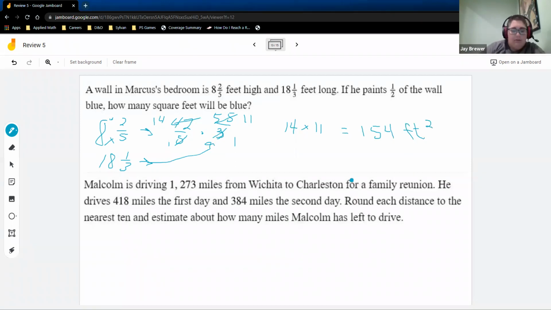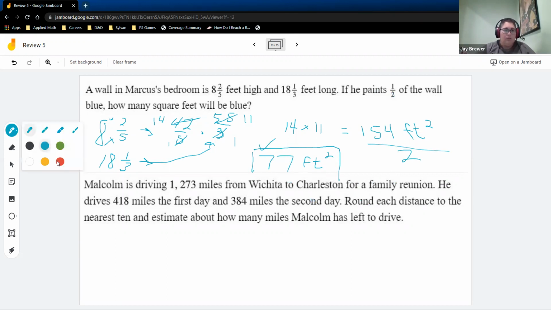And then now you just have to divide 154 by 2 because it says he's painting half the wall. So he's going to paint 77 feet squared. Okay. Or 77 feet squared will be painted blue, however you would want to write that there.